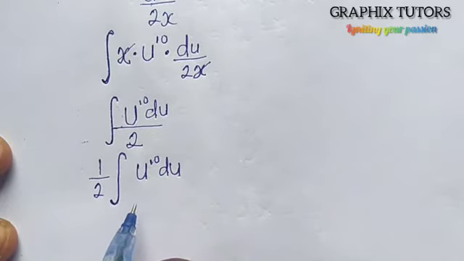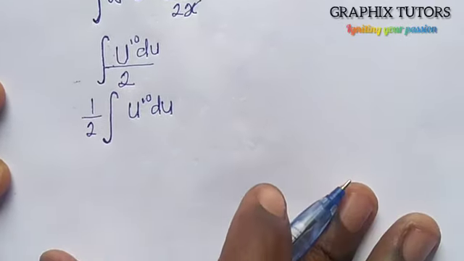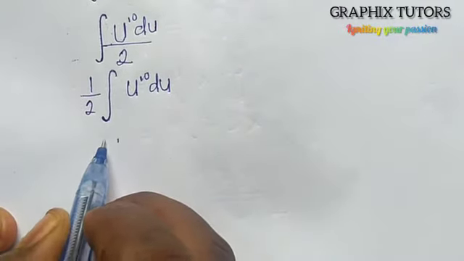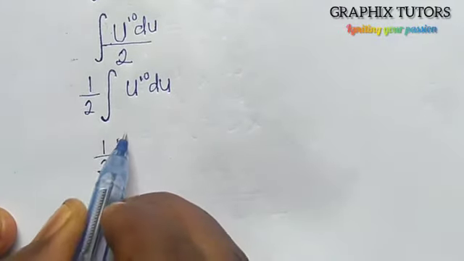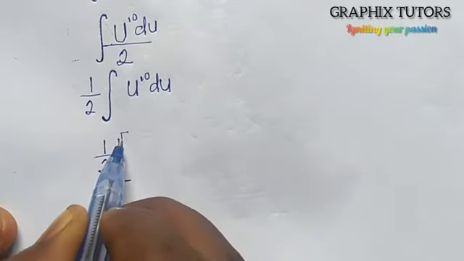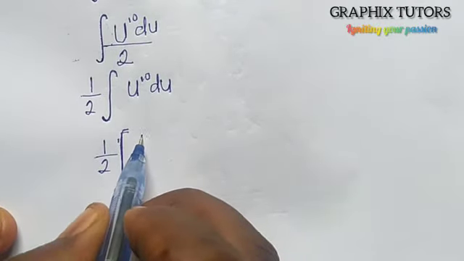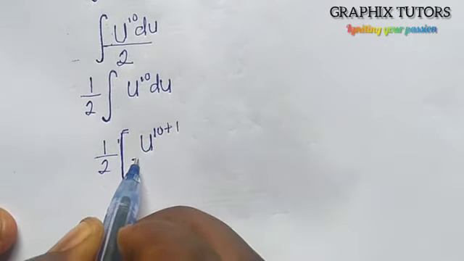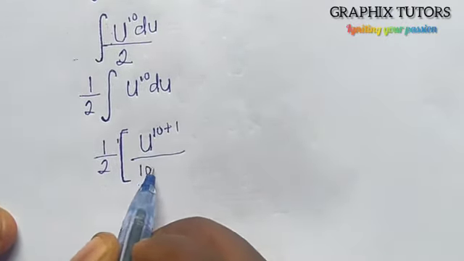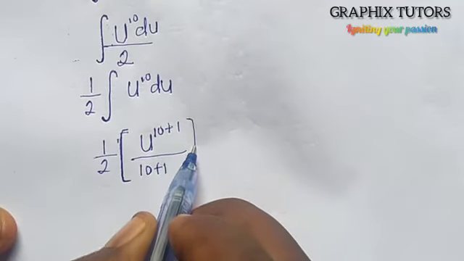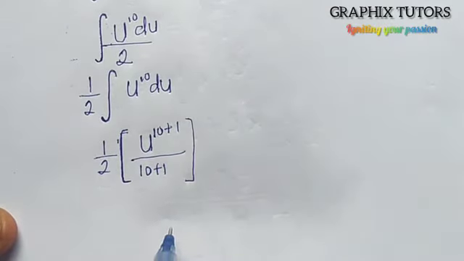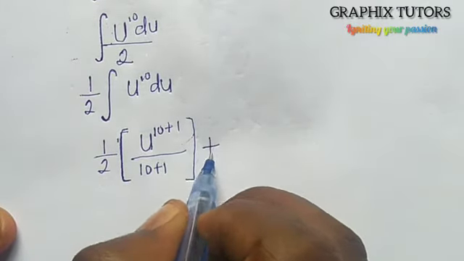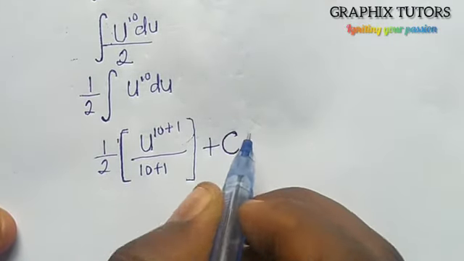Now when you integrate, this is my 1 over 2 here. I'll be adding 1 to the power and bringing everything down. So that is integration: you add to the power and bring everything down, then plus c, which is a constant.